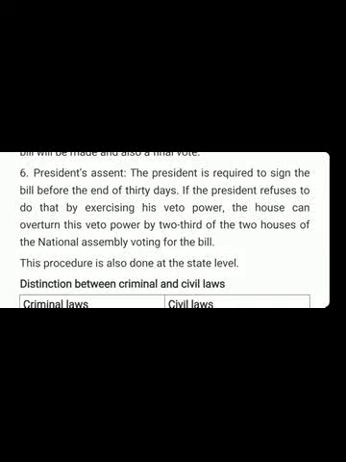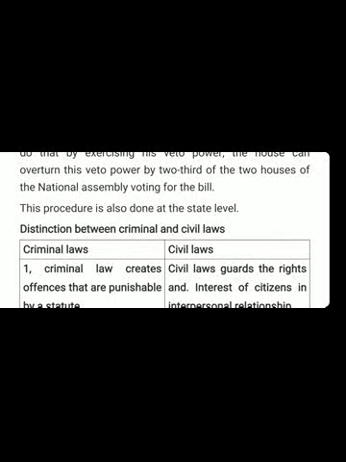If two-thirds of the two houses of the National Assembly vote for the bill, this will make it an act or a law. This also happens in the House of Assembly.